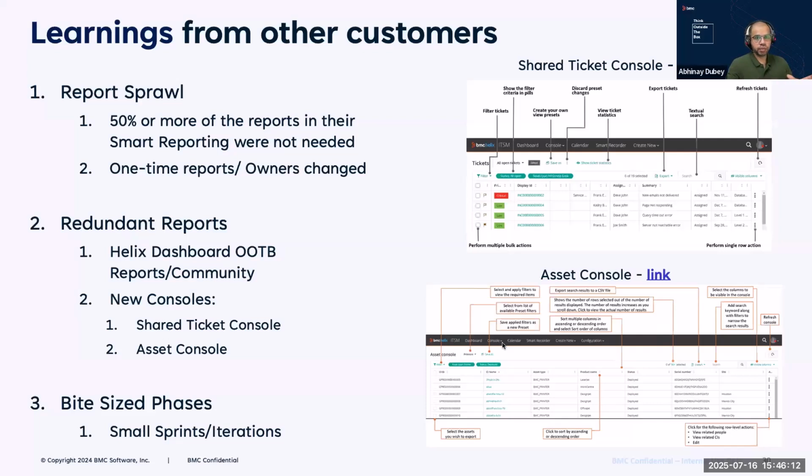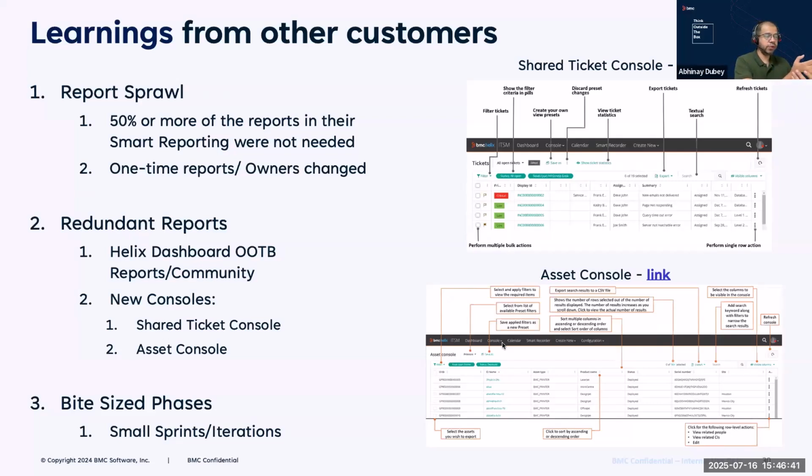Over a period of years, a lot of reports get created which are not being used, or were used just one time and then nobody uses them. Or there are a lot of duplicate reports. Somebody created a copy of a report but then didn't do anything with it. It's still lying there, so there is a lot of junk volume lying around.